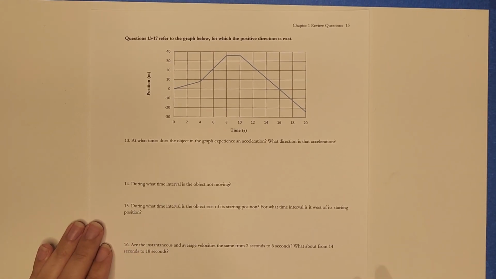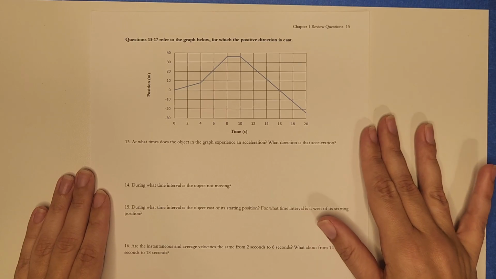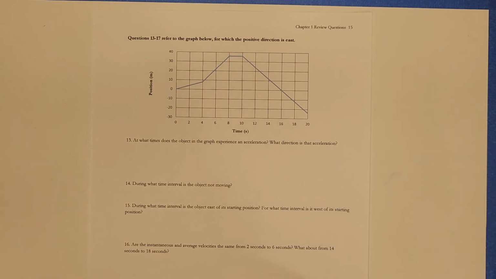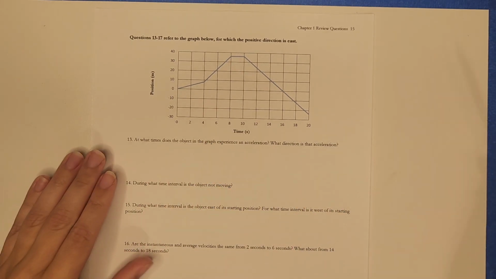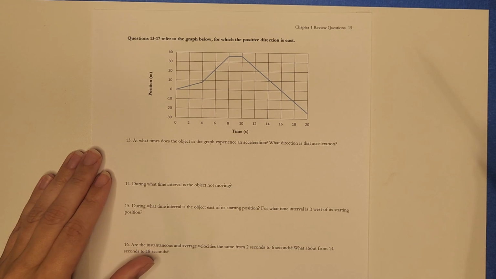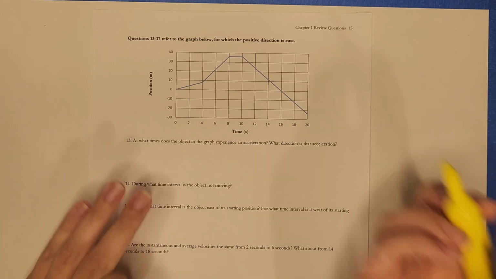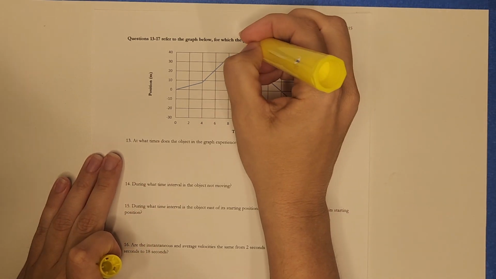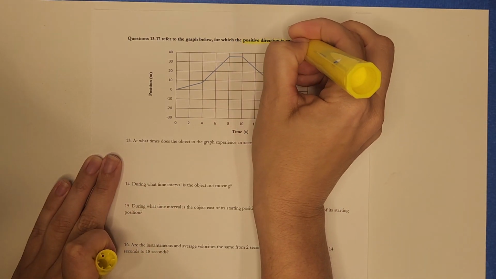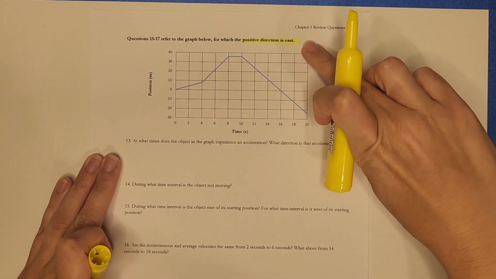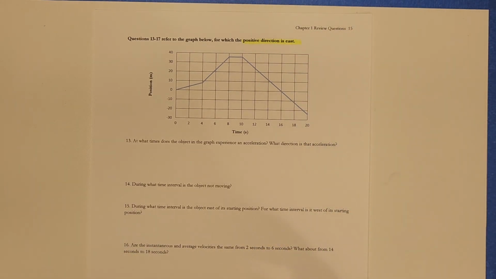Question 13. Okay, so we're referring to this graph here. At what times does the object in the graph experience an acceleration? What direction is that acceleration? So, key thing here has to do with our directions. Positive is east in this graph.